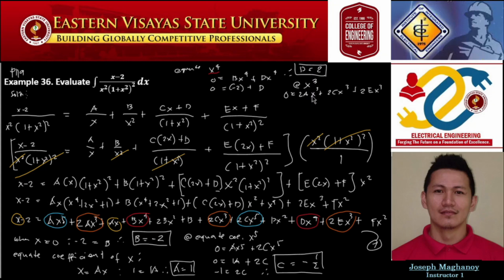We have a value for our a, we have a value for our c. So the remaining is e. So that is 2 times our a, 1 plus 2. What's the value for our c? Negative 1 half plus 2e. So solving simultaneously, your e is equal to negative 1 half.